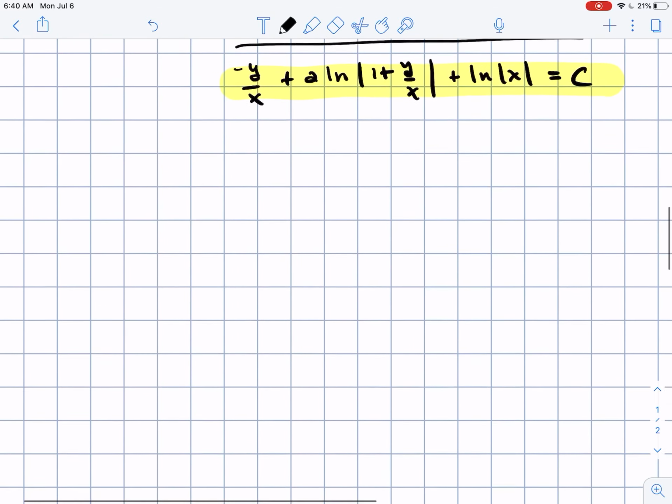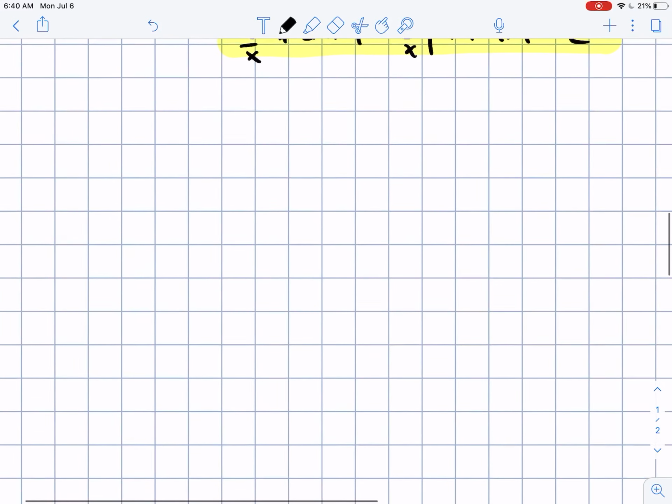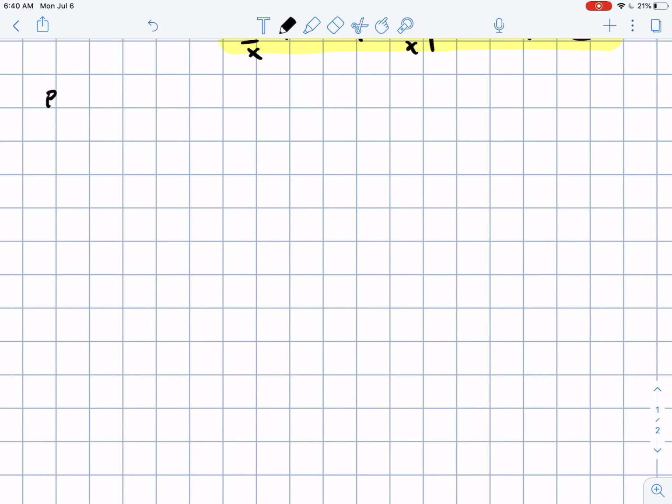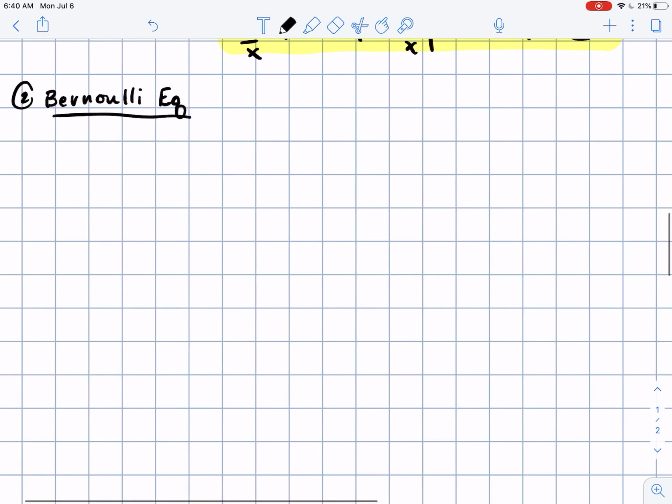All right, so let's go to Bernoulli. Okay, so Bernoulli equations, right? So when you're doing Bernoulli equations, you want to get it into this form, almost like the linear form where you have a function times y, but now on this side, it's going to equal a function of x times y to some power n.